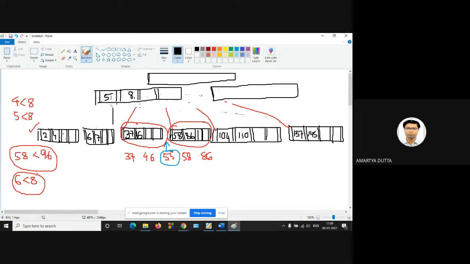And this will be 96 and 116. And 55 now becomes your root because this is the median.